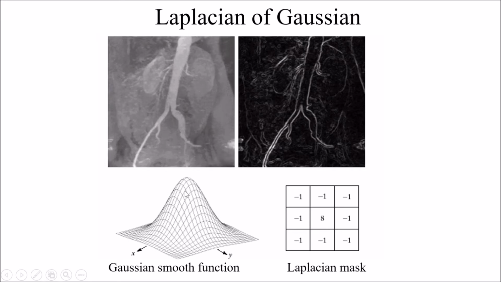edge detector. On the left side of the image, you are applying the Gaussian smoothing function, and on the right side of the image, you are applying the Laplacian operator, using the 3 by 3 mask. Basically, you can apply the Laplacian of Gaussian in two ways. The first way is to apply the smoothing and then apply the Laplacian, which means this is a two pass operation.